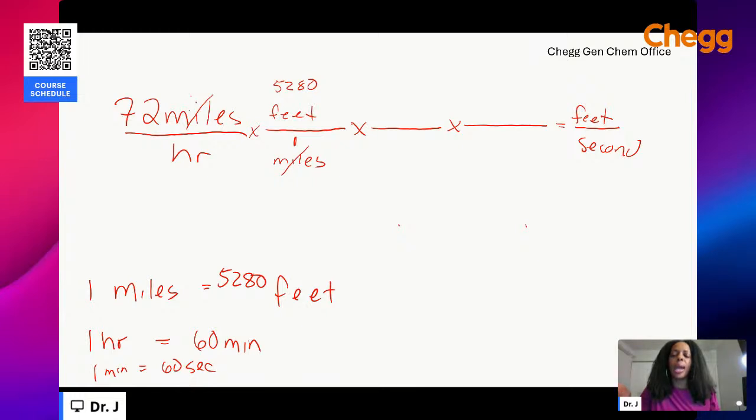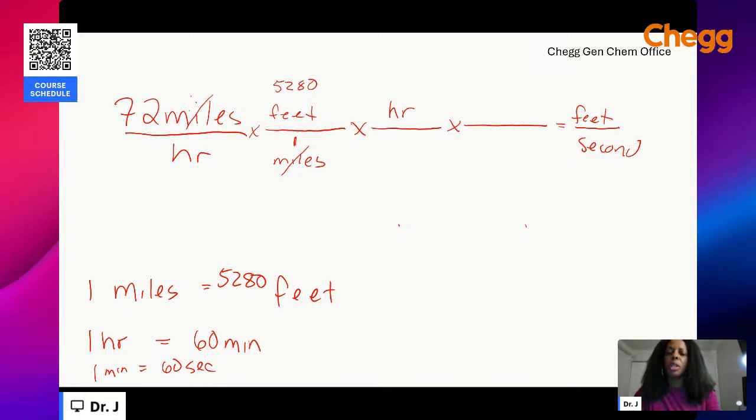Okay. And so now our goal is to focus on getting the bottom part, the hours, to match what we're trying to solve for. And so if hours are on the bottom and we want to cancel that out, that means we're going to put hours on the top in the next bracket so that it can cancel out.